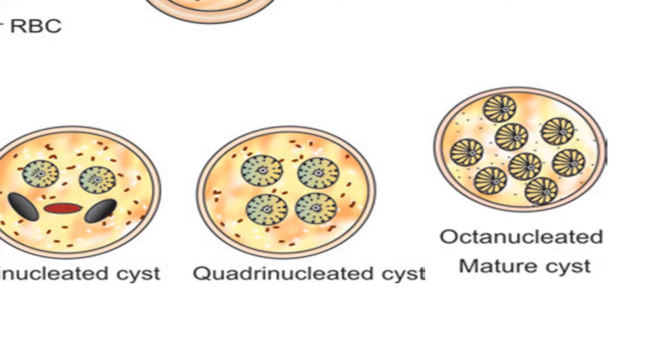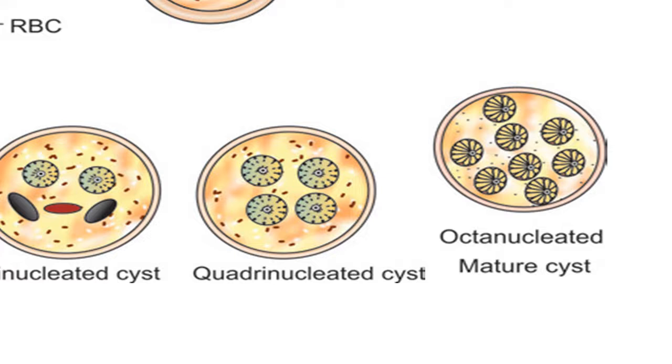When we consider the nuclear chromatin along the nuclear membrane, in some places it is very thick, and in some places very thin. So we can use these features to differentiate the Entamoeba coli and the Entamoeba histolytica cyst.